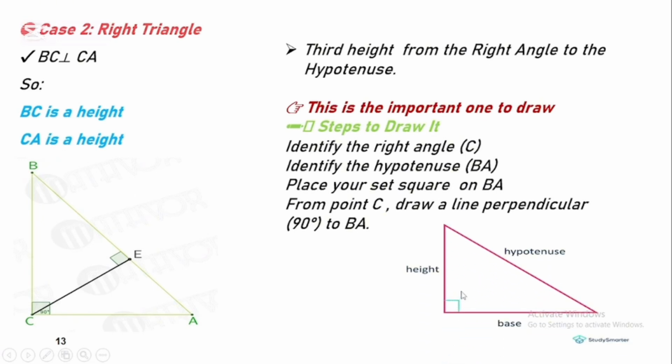This is the right angle, the hypotenuse is opposite to the right angle. So, first we identify the right angle, in this example C, then identify the hypotenuse which is opposite to C, which is BA. Now place your set square on BA making angle 90 degrees, and from C draw a line perpendicular to BA.